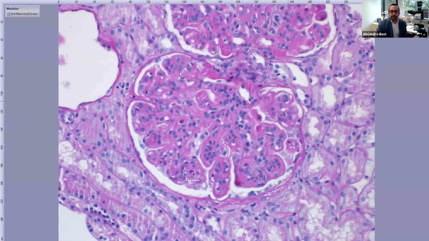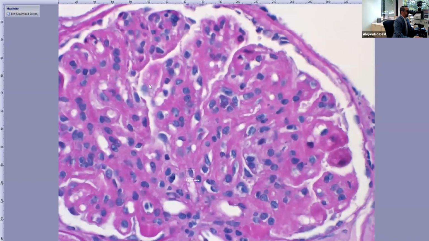And lastly, where we can see them, the capillary loops are very thick. And I hope I can show you with other stains that there are some double contours. So we just covered the very classic definition of an MPGN pattern of glomerular injury.